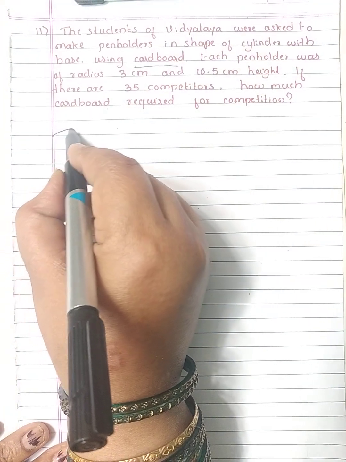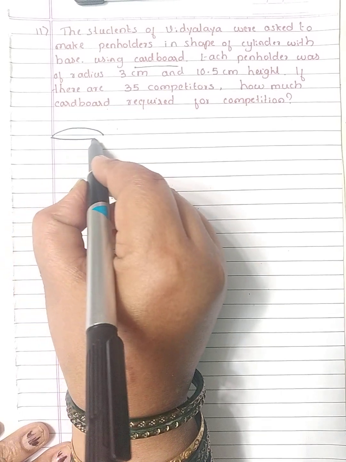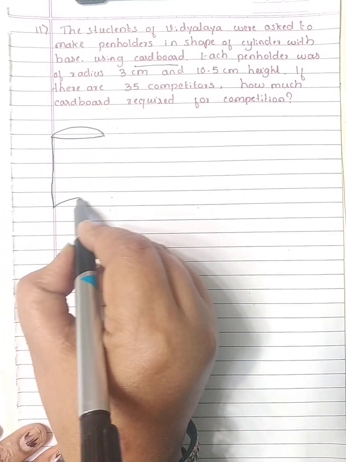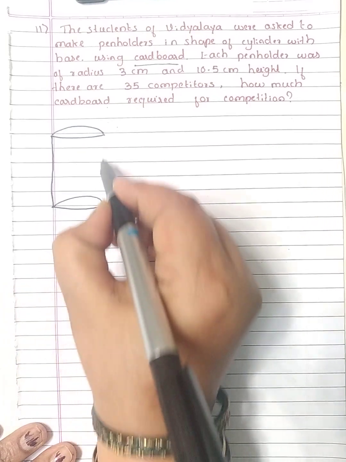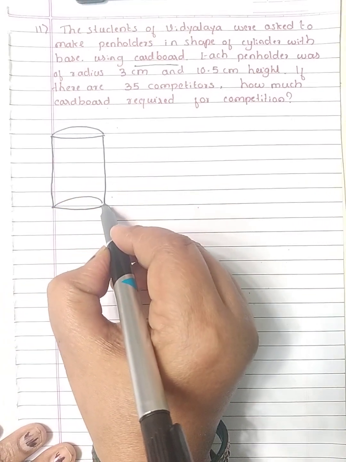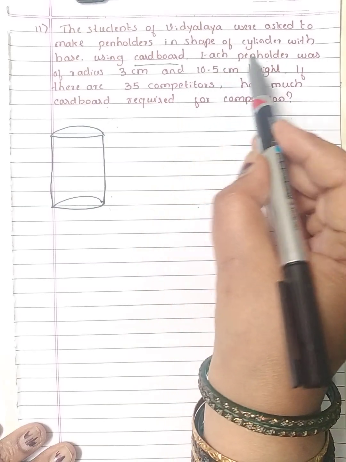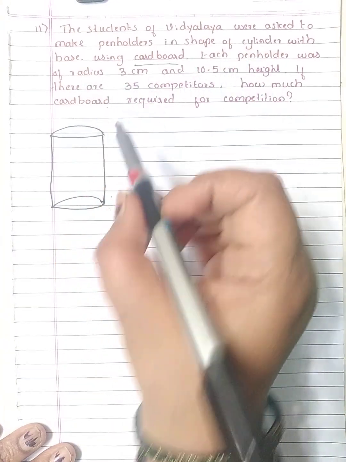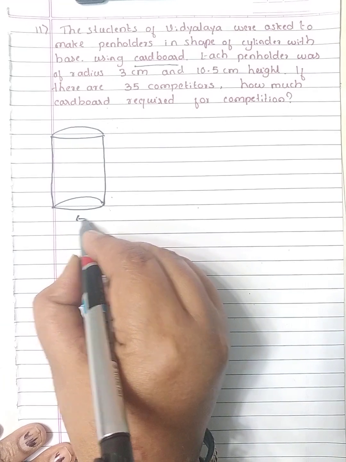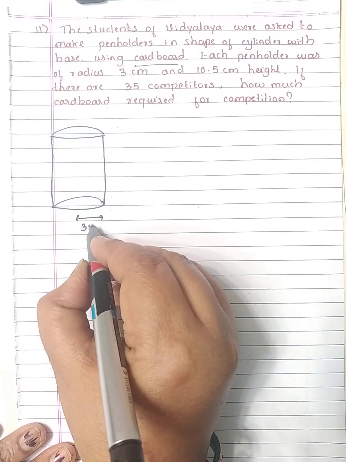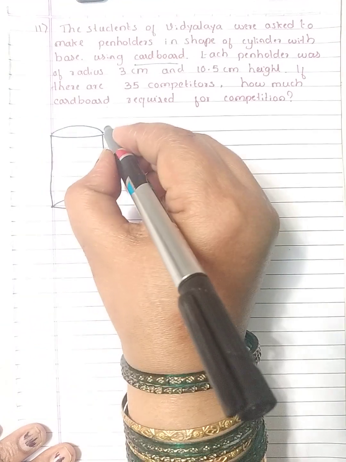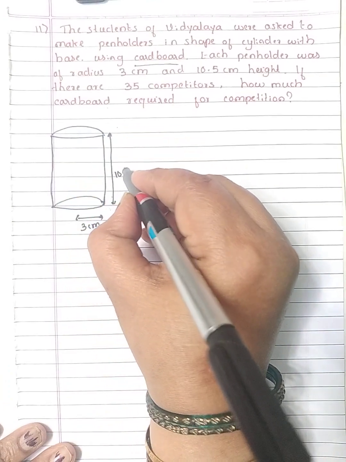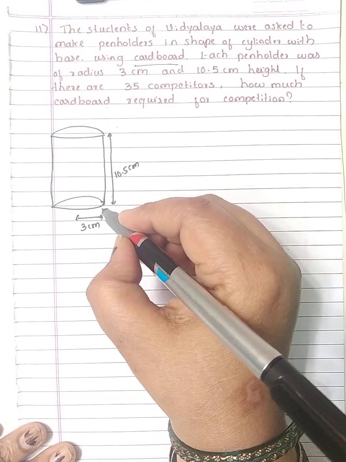So suppose this is the shape of the pen holder, like this. Each pen holder is of radius 3 centimeter, and the height of the pen holder is 10.5 centimeter.